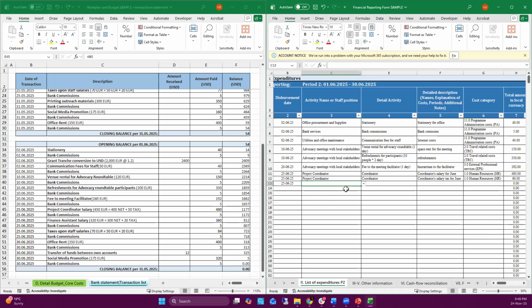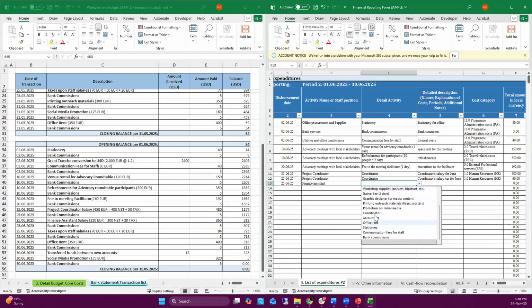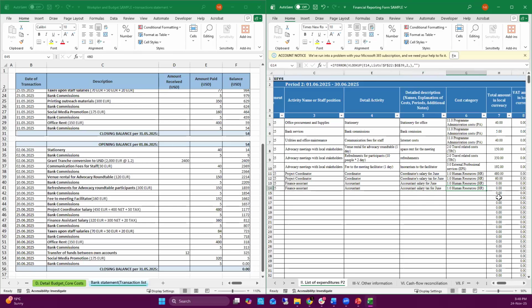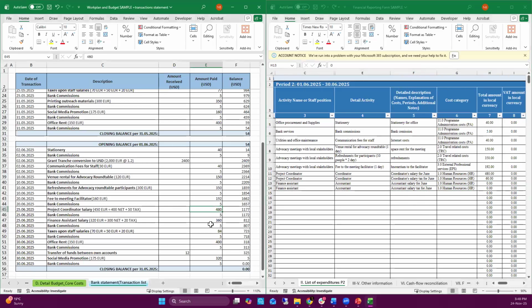Same applies to the accountant. Accountant salary for June. Accountant salary tax. So likewise, we put here those amounts.